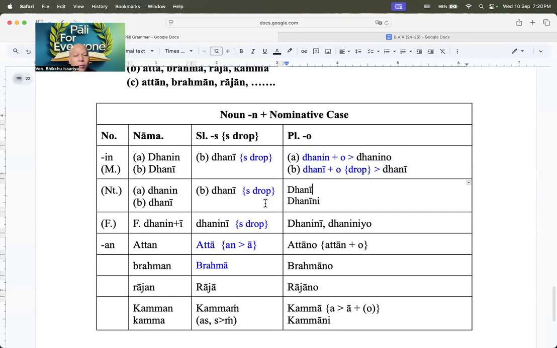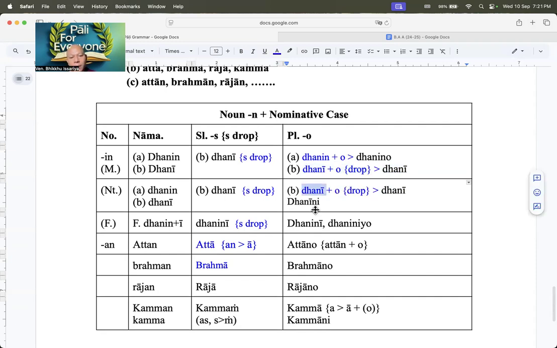So here also, this one is for the B stem only. So the name, and that the name also like this. So the name, but the ending drops.